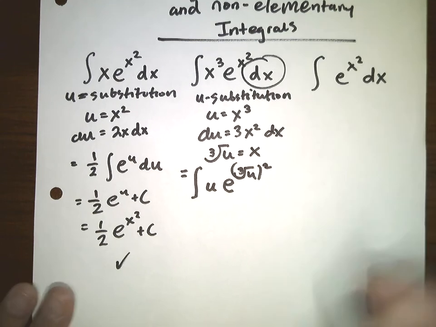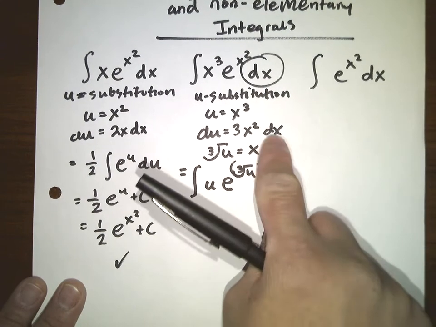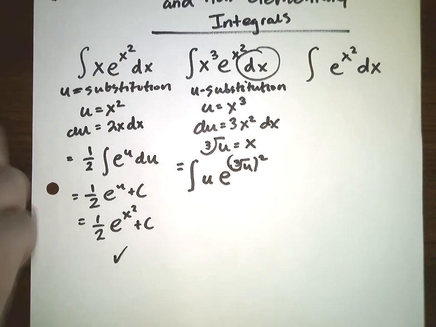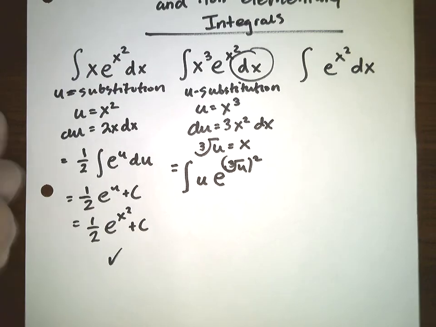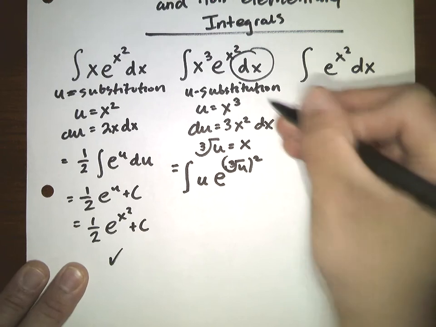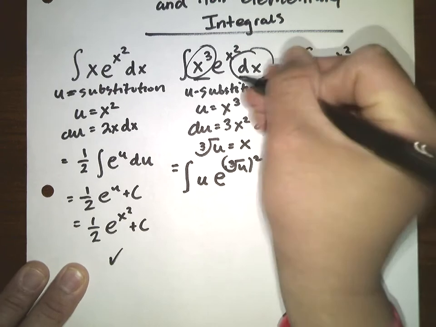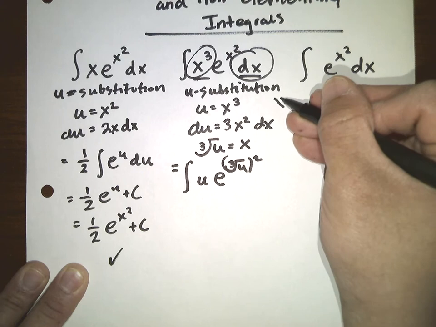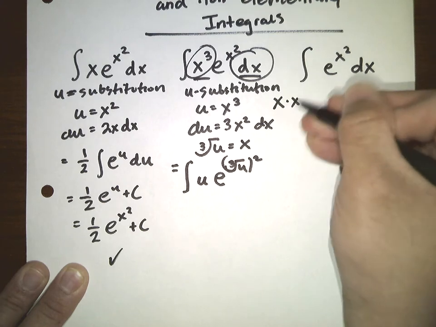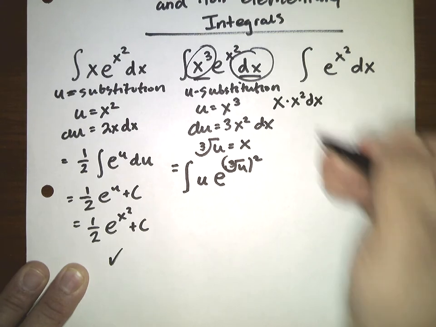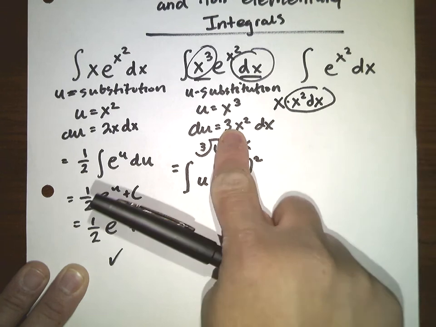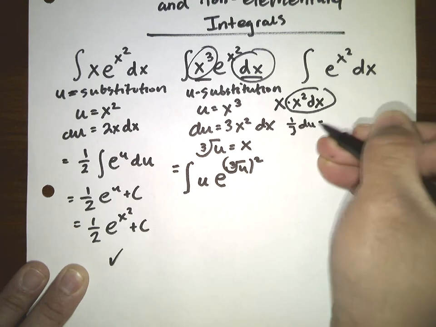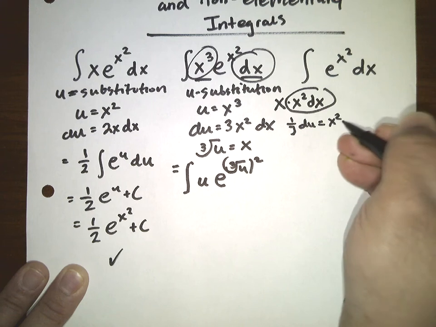But this is a bit of a problem because I have the 3x squared dx here. So I might actually want to think to myself that I have to rewrite this as x times x squared dx, so that 1/3 du will be x squared dx.